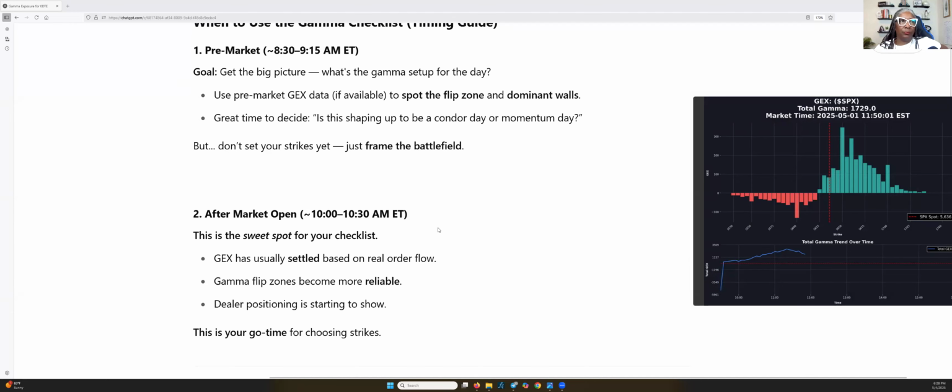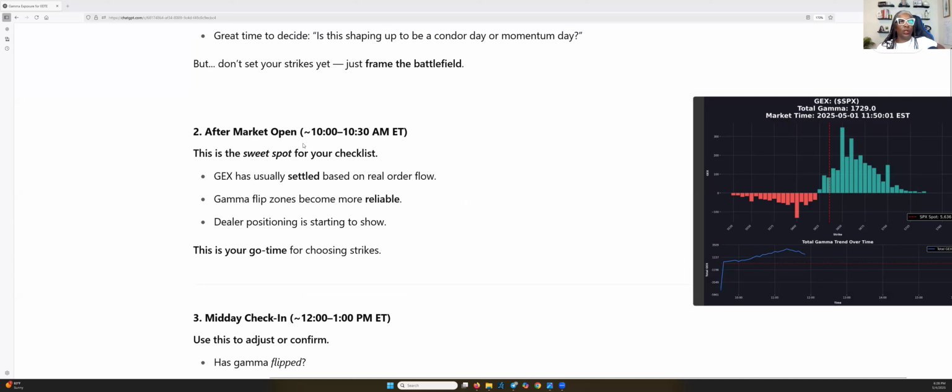Just frame the battlefield. After the market opens, this is what I put in our paper: from 10 to 10:30, this is the sweet spot for the checklist. So this is going to tell us why 10:30 is a good time for us to be looking at entries potentially. 10 to 10:30, GEX has usually settled based on real order flow.